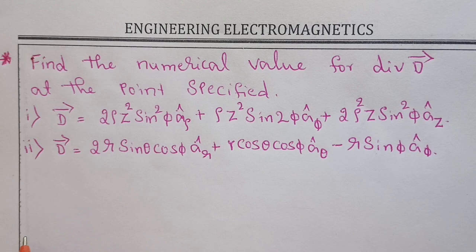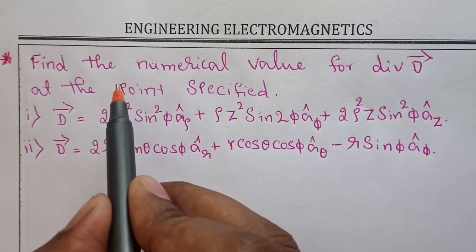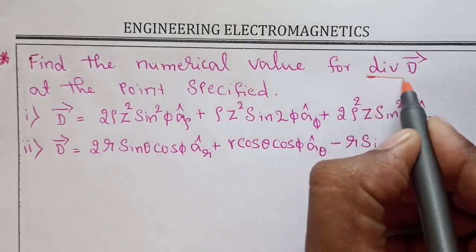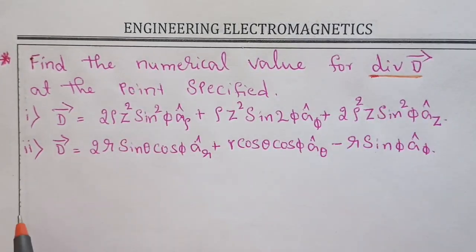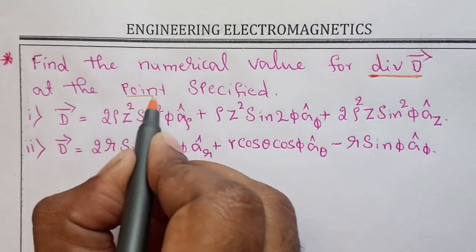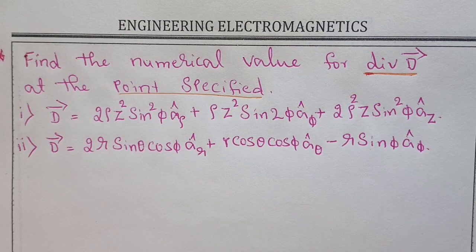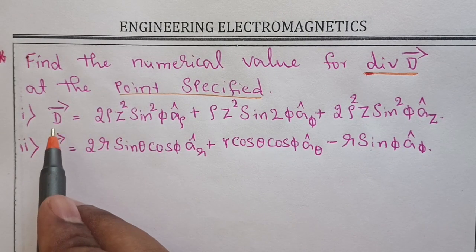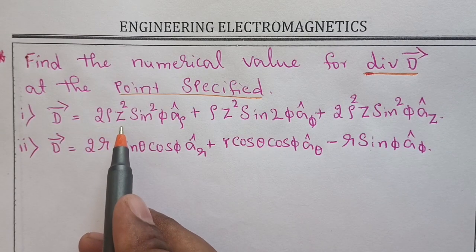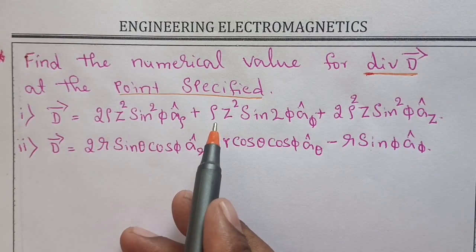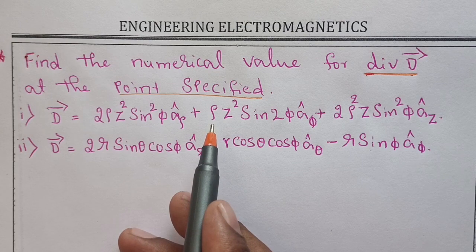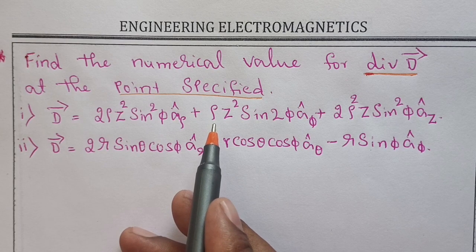So, in this session, we are going to solve one problem on divergence, and it is asked to find the numerical value of divergence of D at a point specified. For the first question, D is given as 2 rho z square sine square phi and so on, and they have also specified the point.